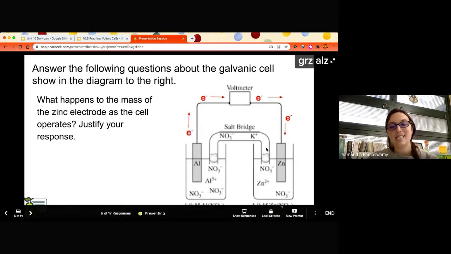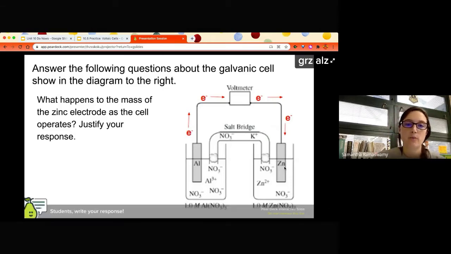So that means that zinc is the cathode. So what is happening to the mass of this zinc electrode, this piece of zinc? What is happening to that as this cell runs? And then it says justify your answer. So make sure you're giving me the answer, but then you're justifying. And try to be specific if you can.